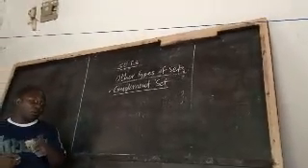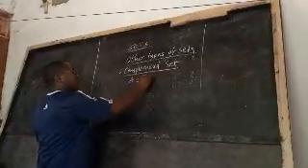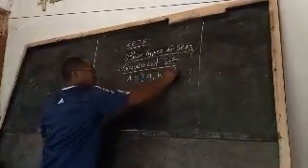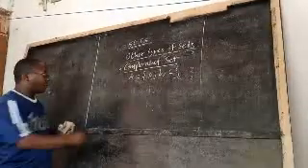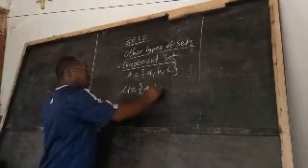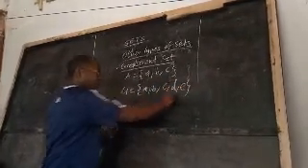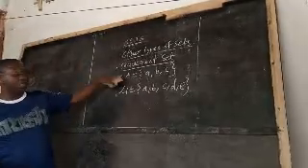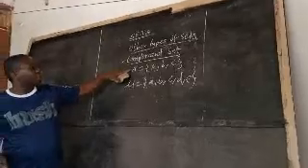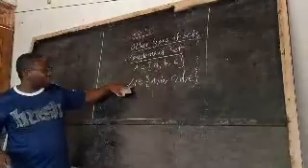For example, when you have a set A containing elements A, B, and C, you also have a universal set which is A, B, C, D, and E. This is a universal set for set A, because the elements which are in set A are also found in the universal set.